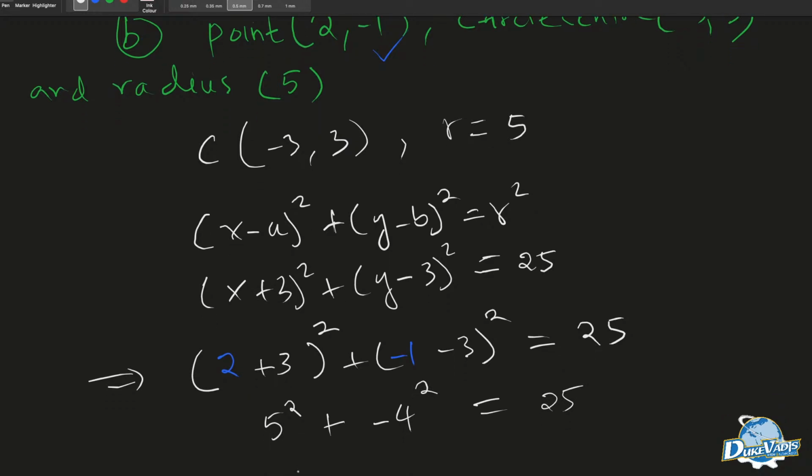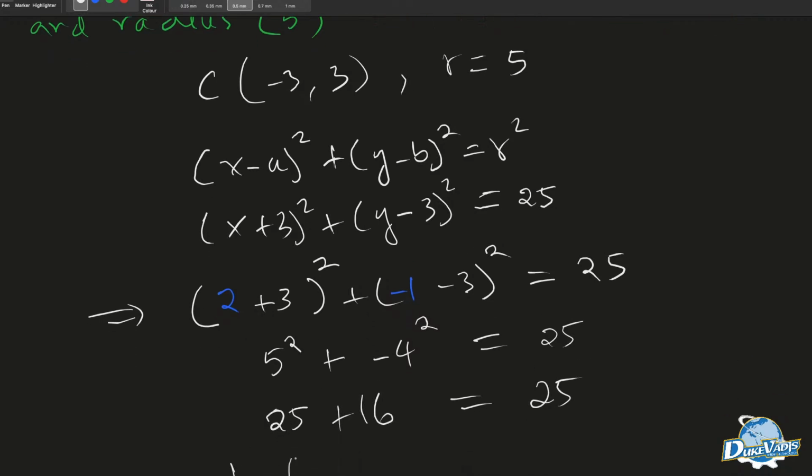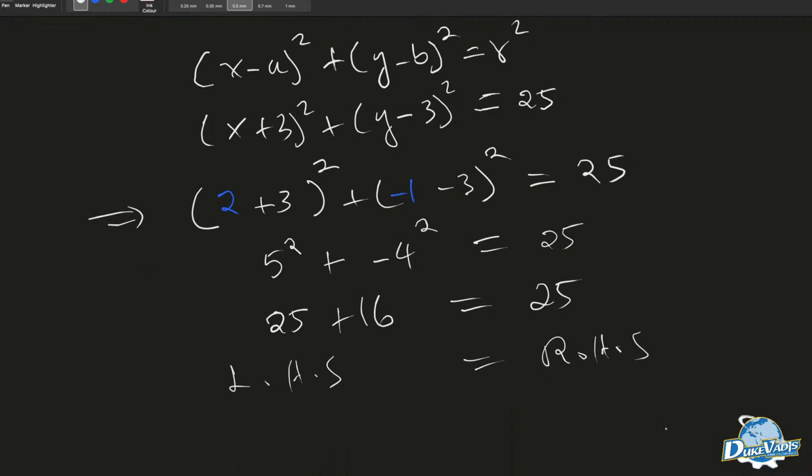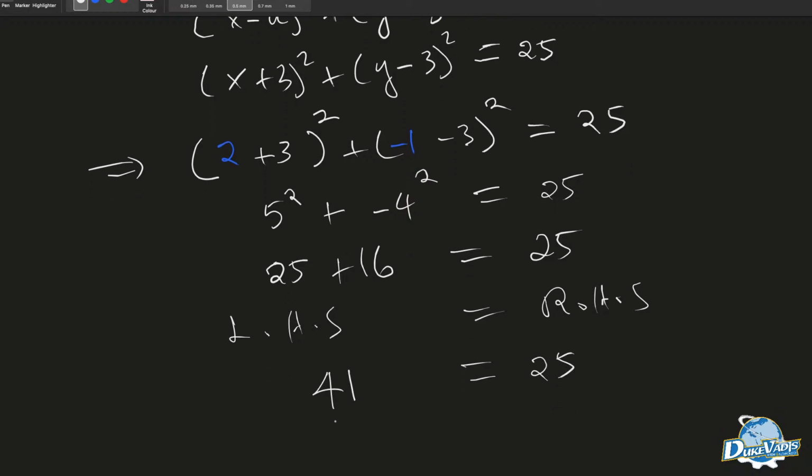Now 5 squared is 25, and 4 squared is 16. Let's check if the left-hand side is the same as the right-hand side. This will give us 41, and this will be 25. You see that this value is greater than 25.